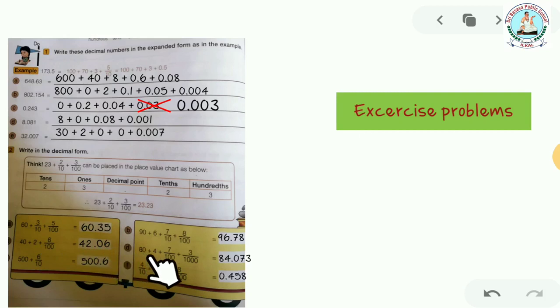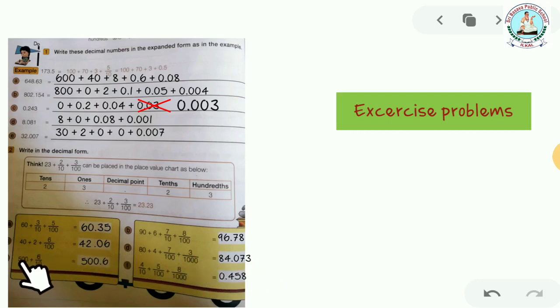so to show that absence we write that 0 in tens place, and in hundreds place we write the digit 6. Next question, it is 84 because it is a whole part, so we write it very quickly, and 7 divided by 100, which means the digit 7 is present in hundreds place, so we write that 7 first, and tens place is absent, so that's why we write 0, and 3 divided by 1000 shows that 3 is present in thousands place.